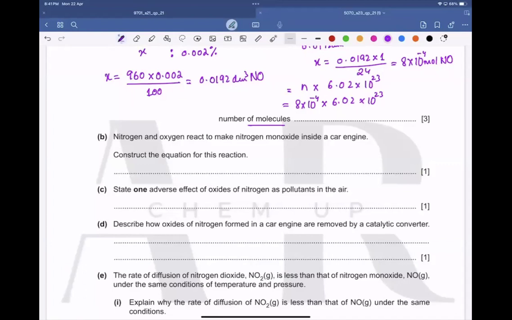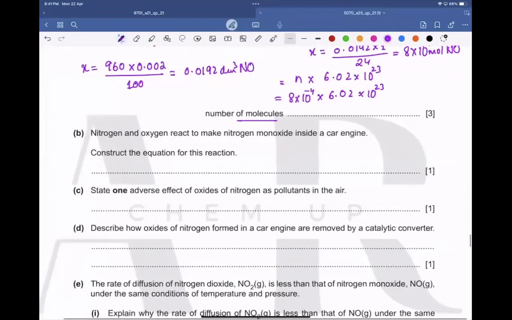Okay, it is 4.816 exponent 20. Thank you, Ahmed.